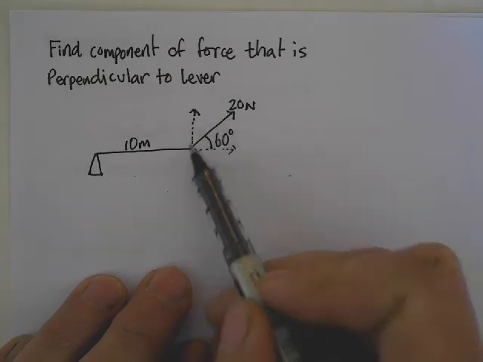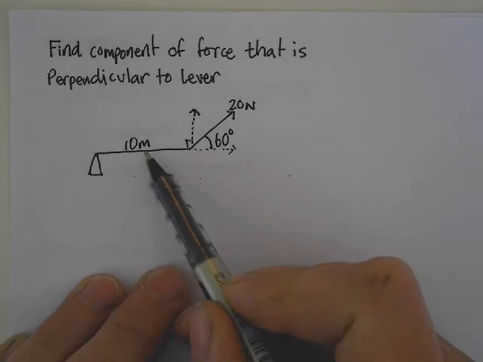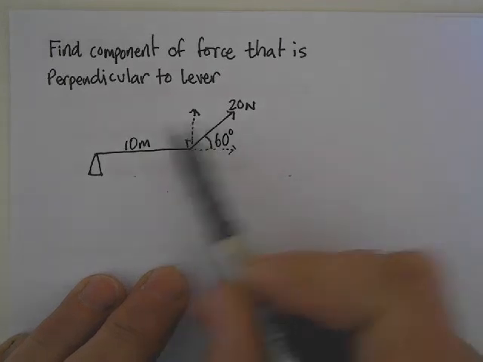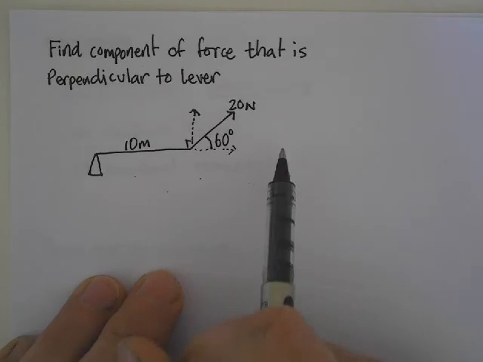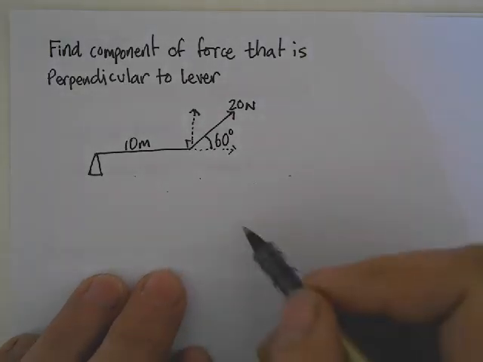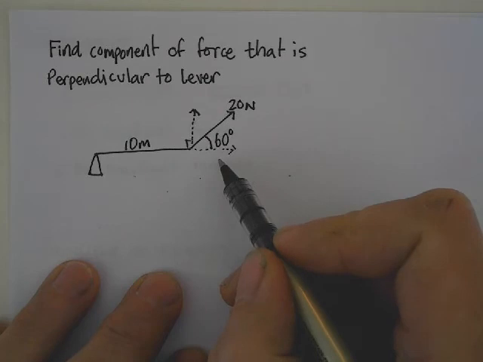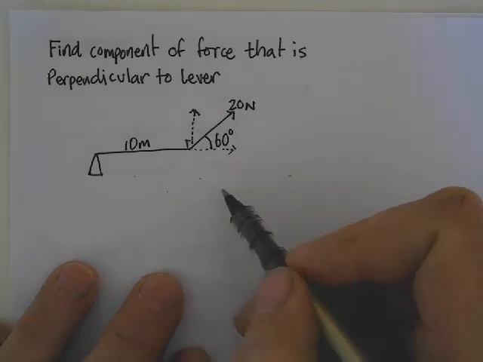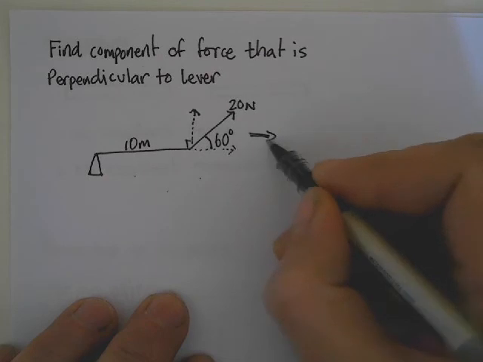So if we find the vertical component of this 20 Newton force, that's acting at right angles to this 10 metre lever. Multiply those two quantities together and that will tell you your moment. So as an example, and I do realise that that is definitely not 60 degrees, my scale drawing is pretty poor here.